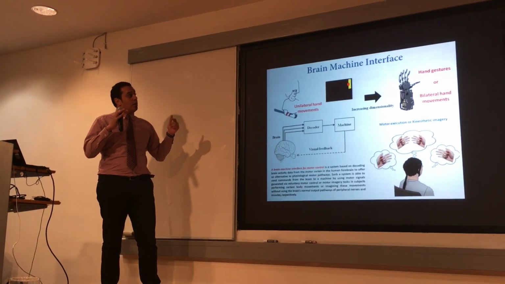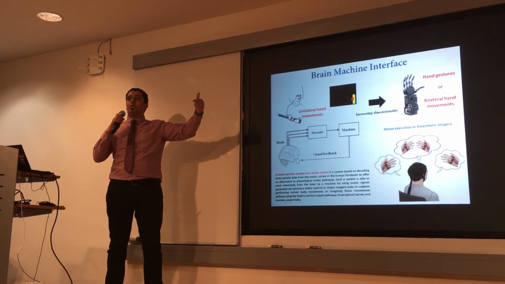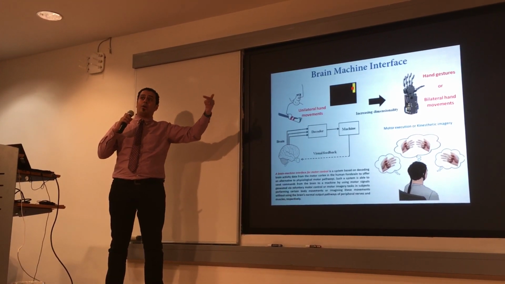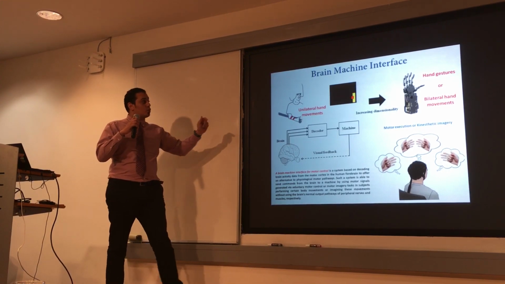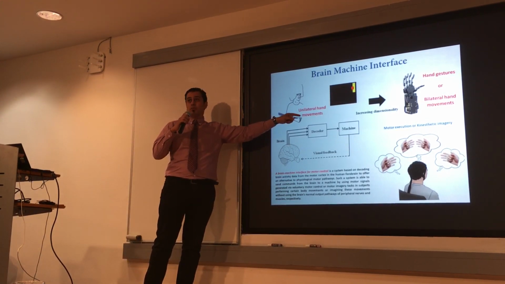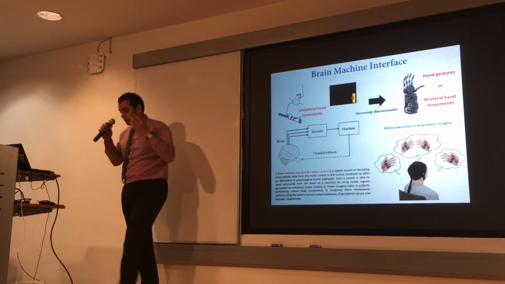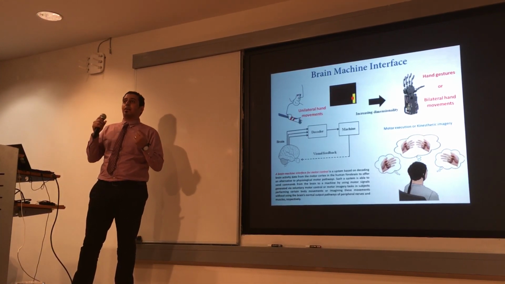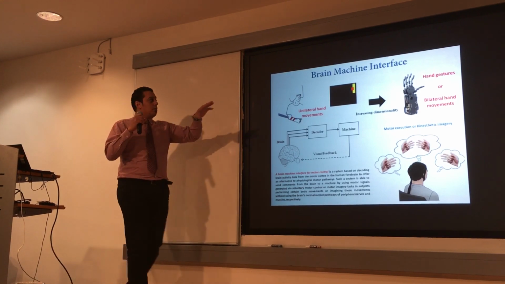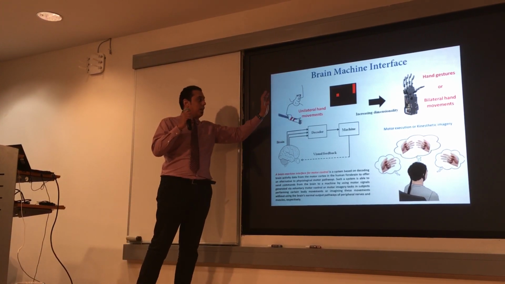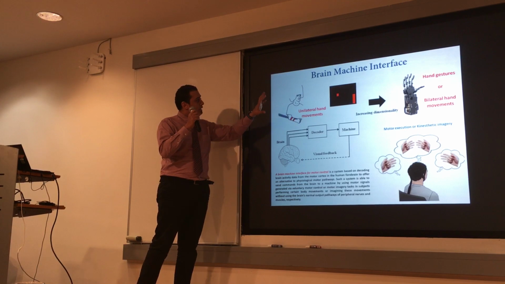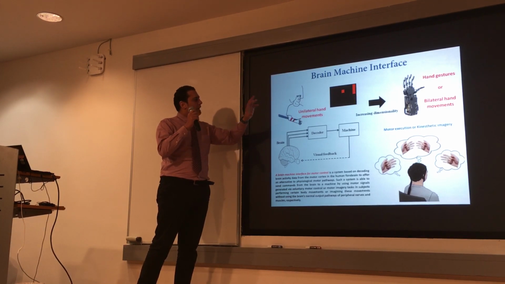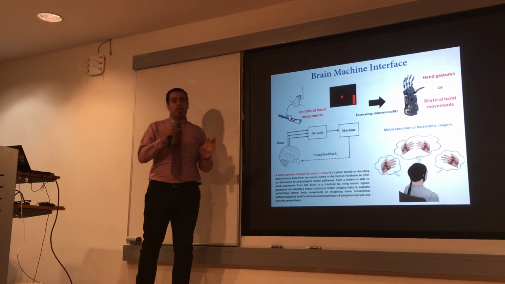So before controlling an additional hand, which we call the third arm, we have to control bilateral hand movement. We don't really know what is going on inside the brain when someone is moving bilateral hands. All studies have successfully explained and done everything using unilateral hand.